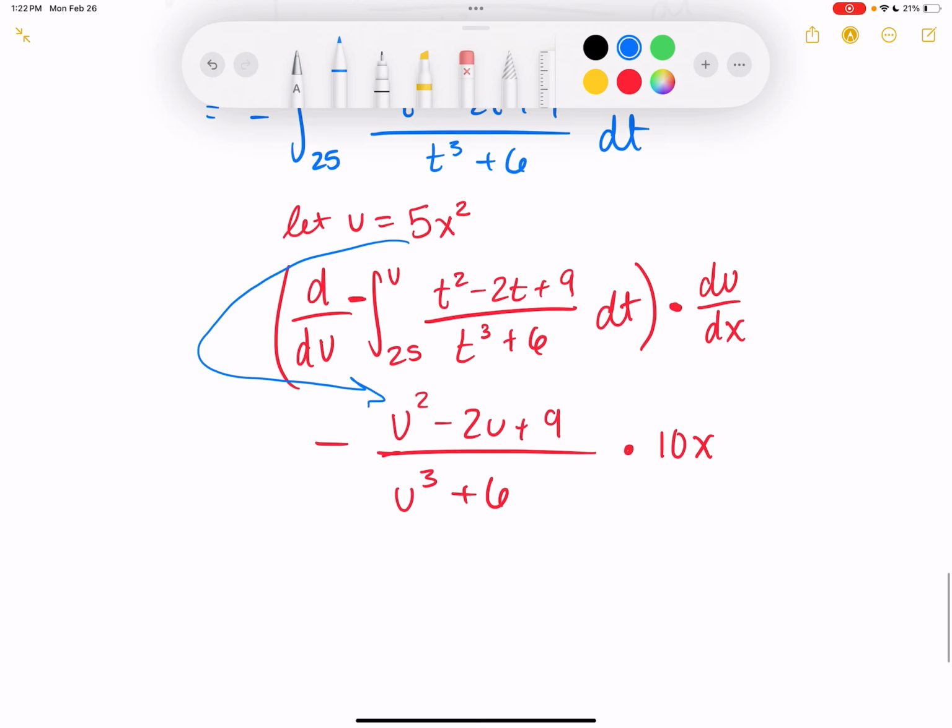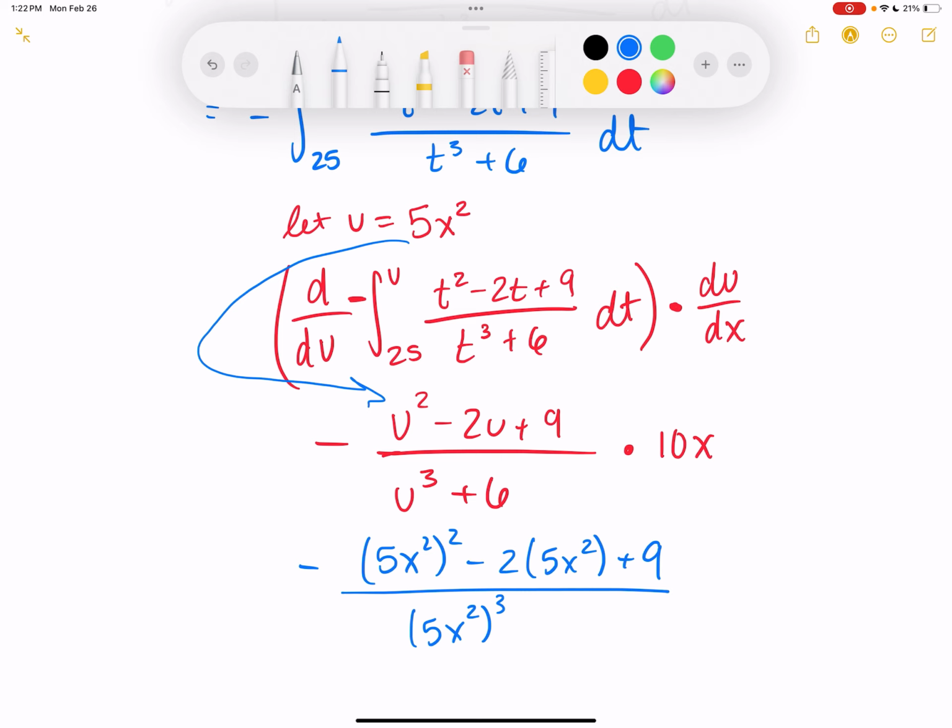So that means we have negative 5x squared squared minus 2 times 5x squared plus 9, all over 5x squared cubed plus 6, times 10x.